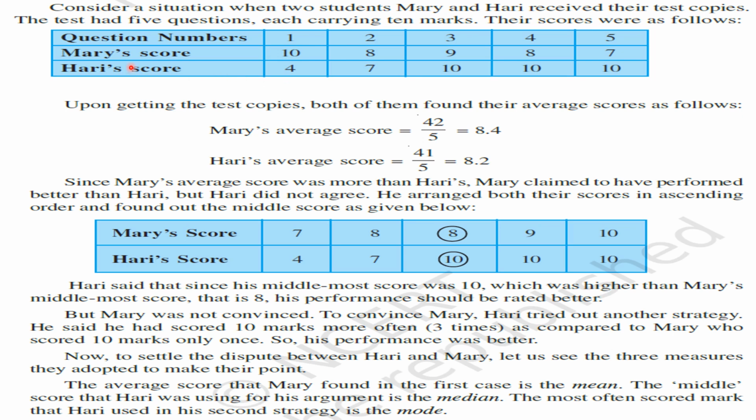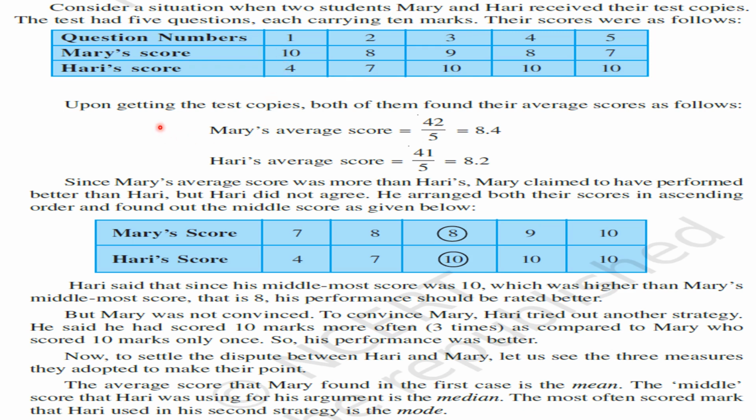For each question, the marks scored by Mary and Hari are given here. For the first question, Mary got 10 marks. For the second question, she got 8. Here 9, here 8, here 7. Similarly, Hari scored 4, 7, 10, 10, and 10. These are the scores obtained by Mary and Hari.